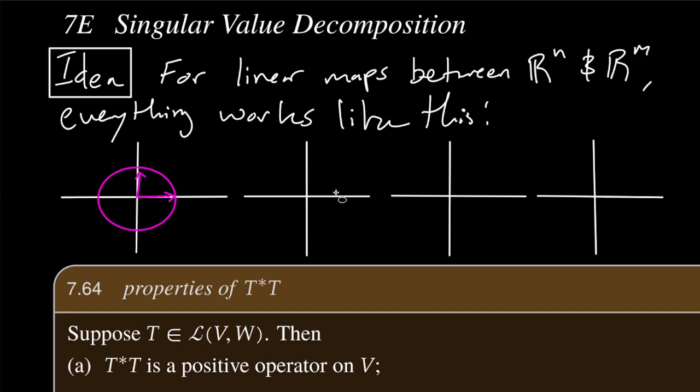We're just going to look at what happens to the circle of radius 1 since it basically tells you what it does to everything. That is, if you want to know what it does to any other vector, it's just a scaling of something on the circle of radius 1, right? So here's what happens. The circle gets moved over and rotated by a little bit.